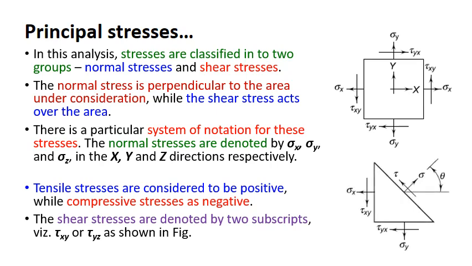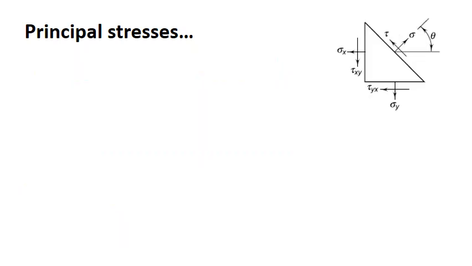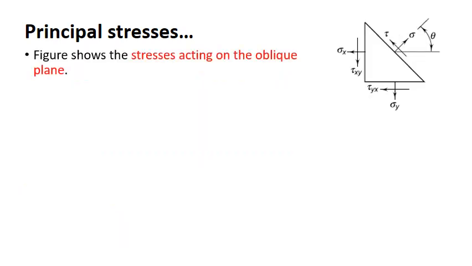Now let us take a simple case of this element and examine the stresses on different planes oriented at an angle theta. So let us take an element acting on an oblique plane, a plane inclined at theta with respect to the x-axis, the horizontal line.